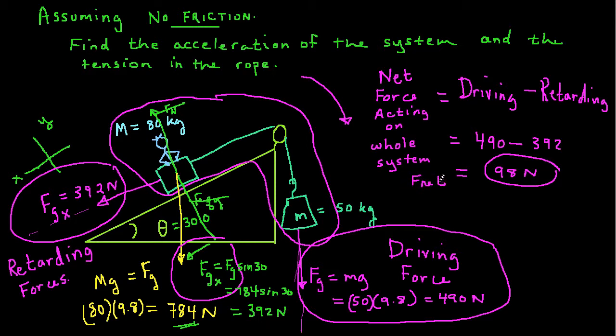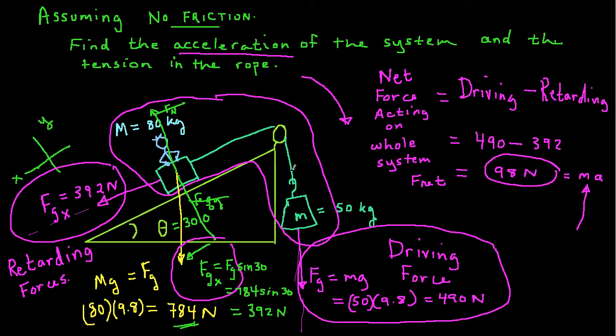Now, if we look back to our question, no one really asked us for that, but they did ask us for the acceleration. And we know from Newton's second law that F net is always equal to m times a. Now, which m are we talking about here? We're talking about the m of the whole system.